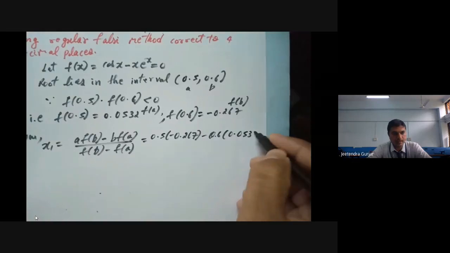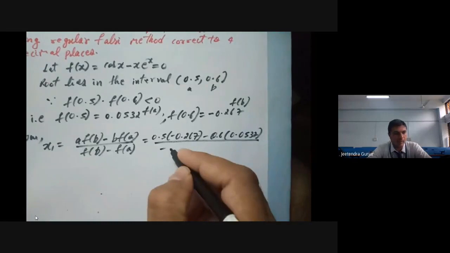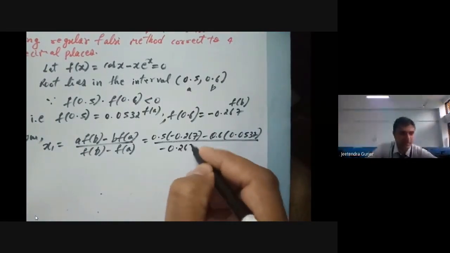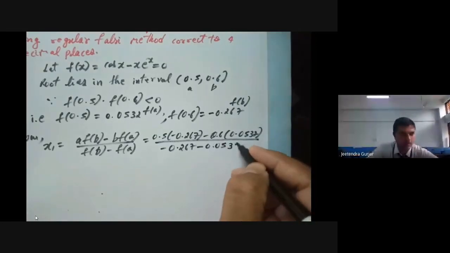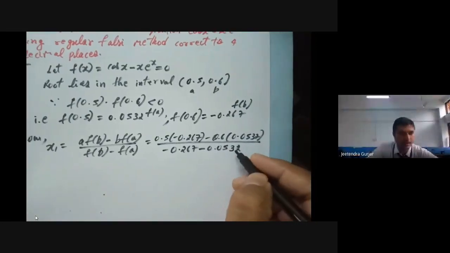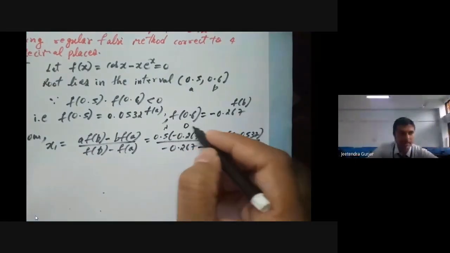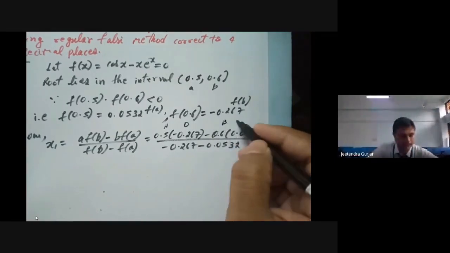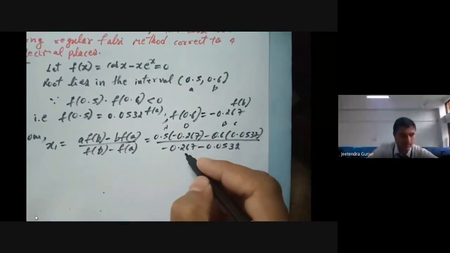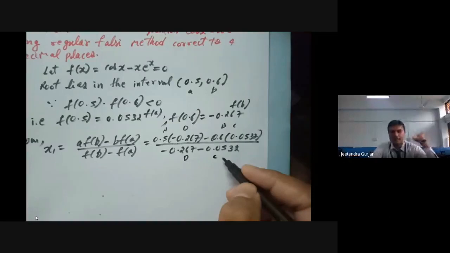Then by using these values, I will tell you how to put it in the calculator now. Please be ready with your calculator and the values, so that I can start using the calculator. So I will take this as A, capital D, and capital B, and this is capital C. Then this is going to become capital D, and this is going to become capital C. Till here you have understood?